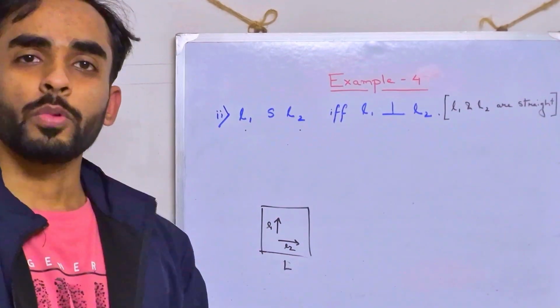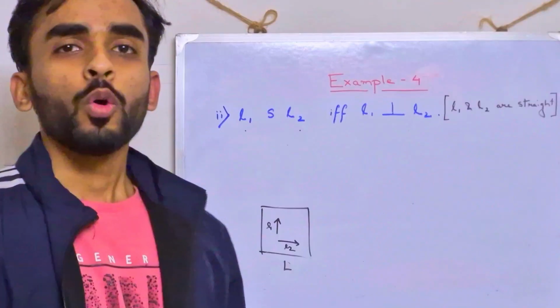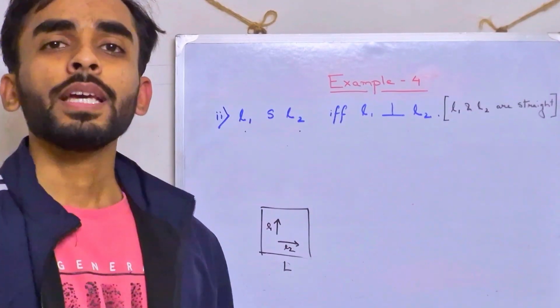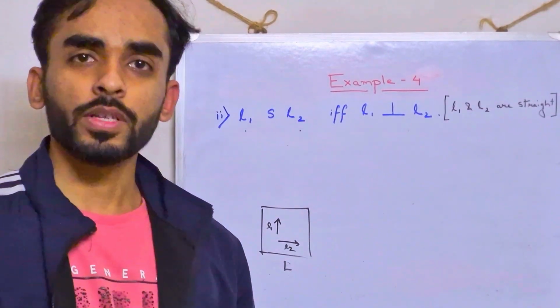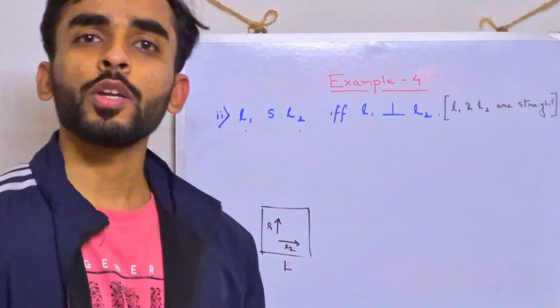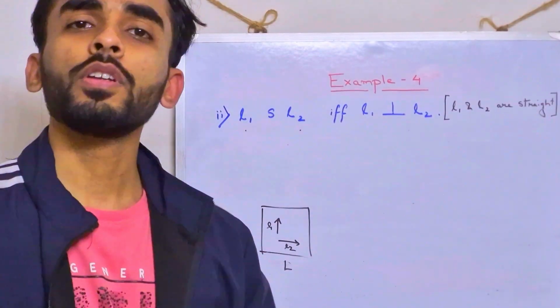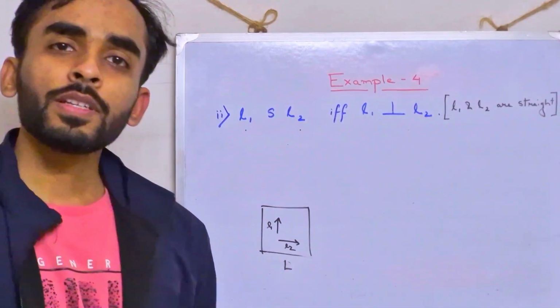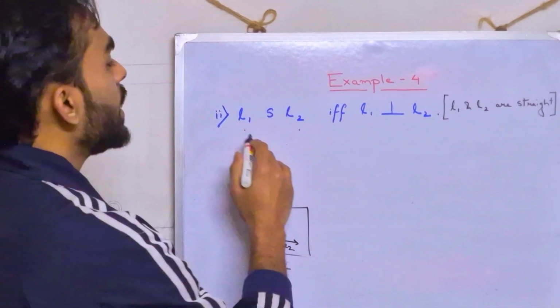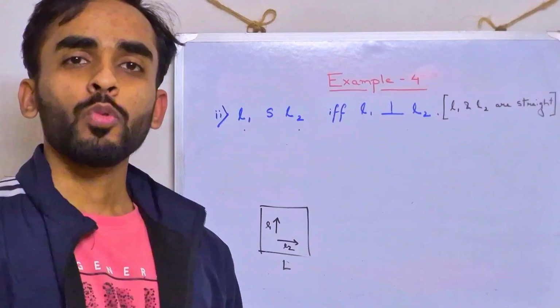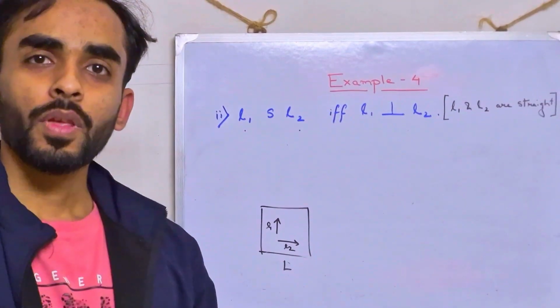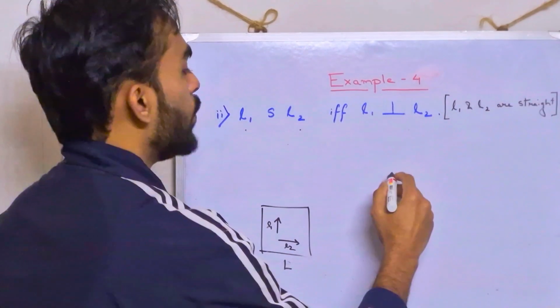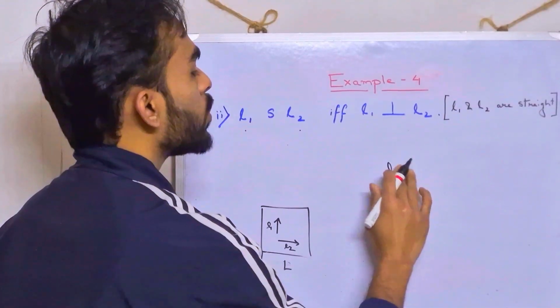Now let's come back to the question. We have to find out whether this S relation is reflexive, symmetric or transitive. Let's try to find out. We always start with the reflexive relation. In case of reflexive relation, we will not take two different lines. We will take only one line. We can take L1, we can also take L2.